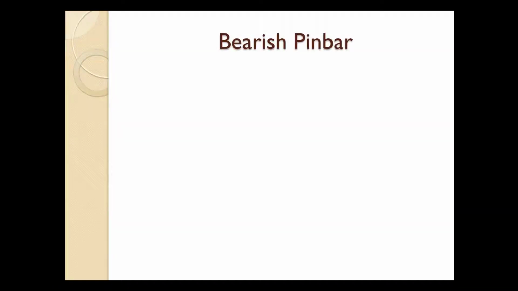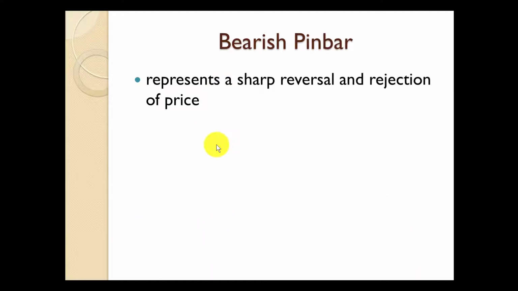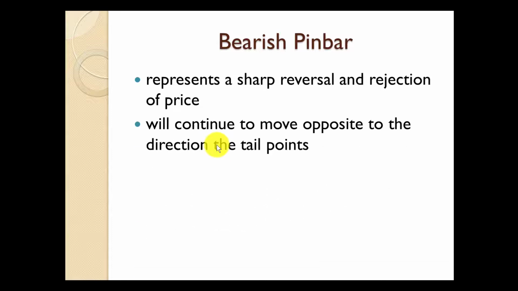Friends, bearish pin bar. I just want to go step by step. What is a bearish pin bar? It represents a sharp reversal and rejection of the price. This is the first thing. The second thing is that it tells us that the price will continue to move opposite to the direction the tail points.